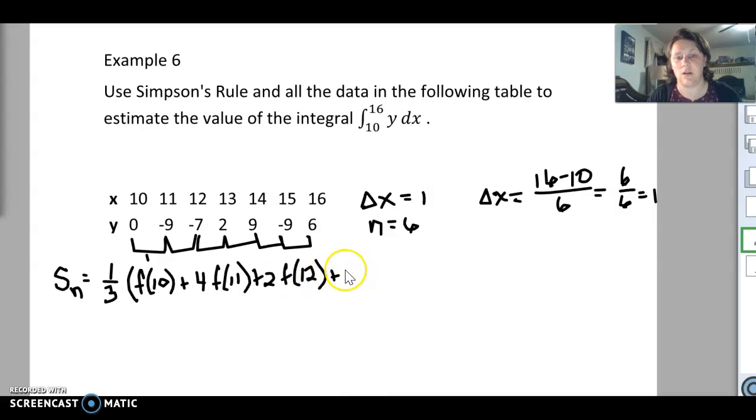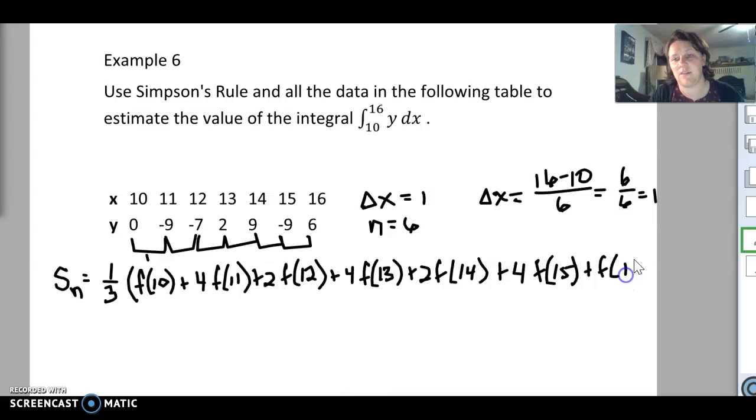Remember, we're going to alternate that 4 and that 2 until we get to the last term. On the last term, we leave our coefficient as 1, but remember to alternate those coefficients before that. So f of 16. All right, so we've got it all set up. That's what our formula is on this one when we have those data sets.